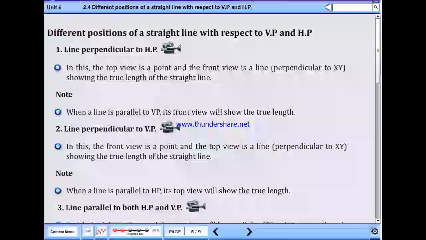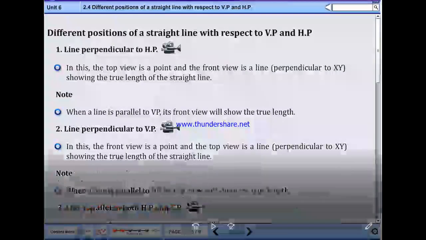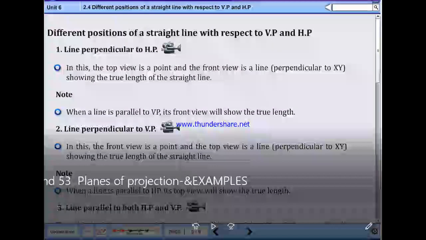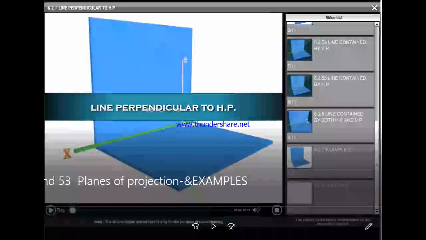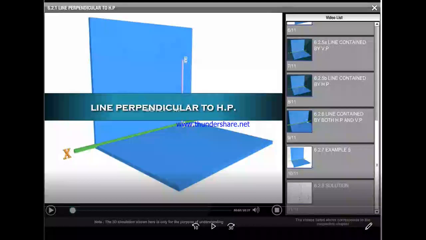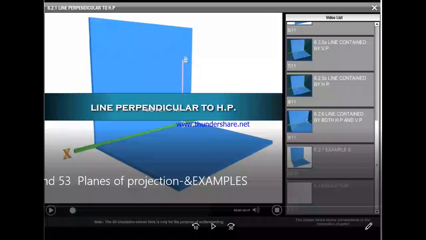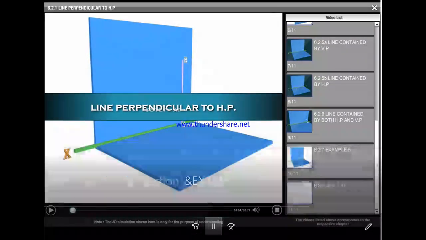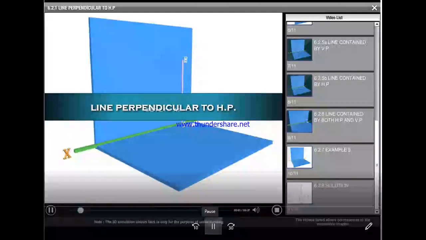Third, line parallel to both HP and VP. Now, analyze line perpendicular to HP.